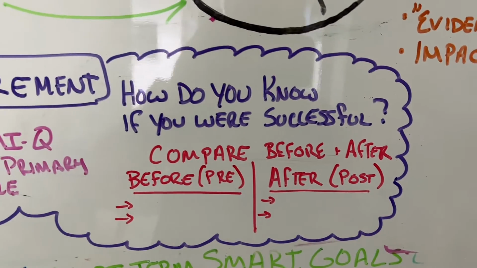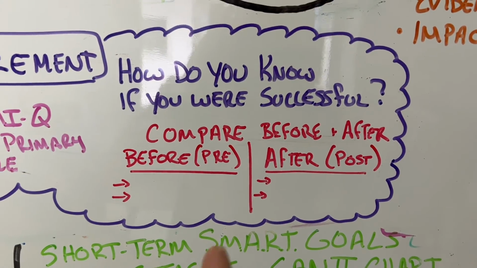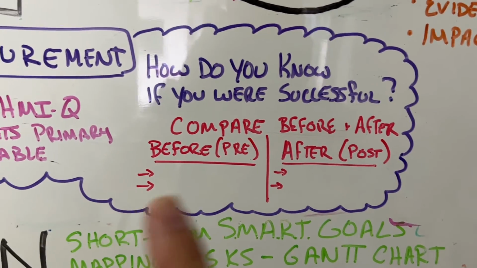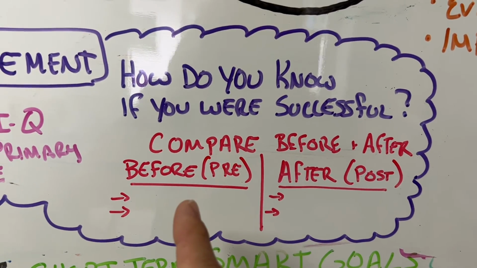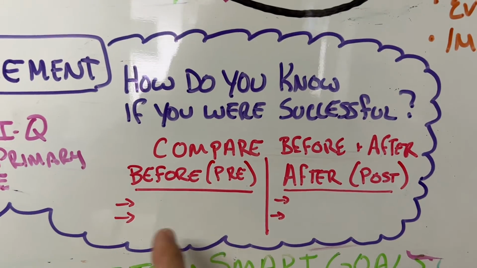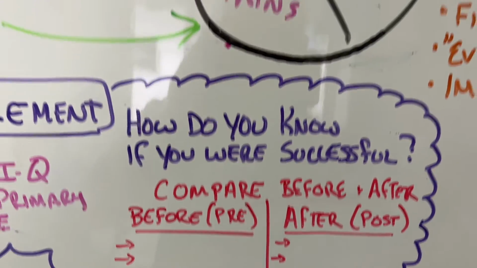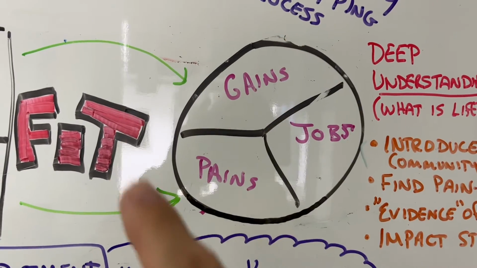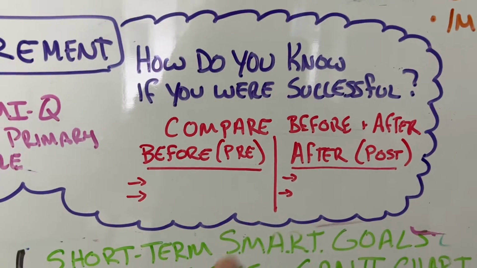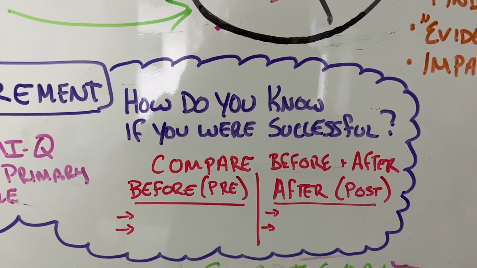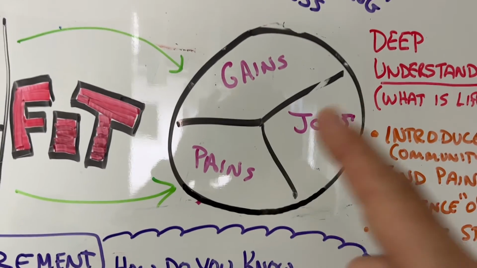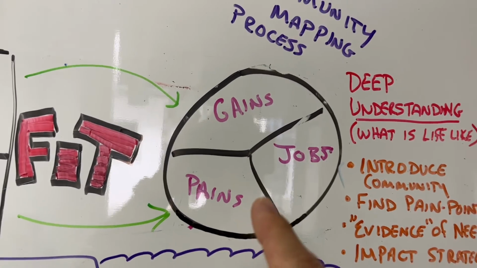All right, and so really we do this by comparing data from before versus after, and these are your outcomes. All right, so before I did my project, these are the list of things that help to prove that I have this problem. This is how I know that there is an issue that I want to solve, and it comes from your community map, all right?